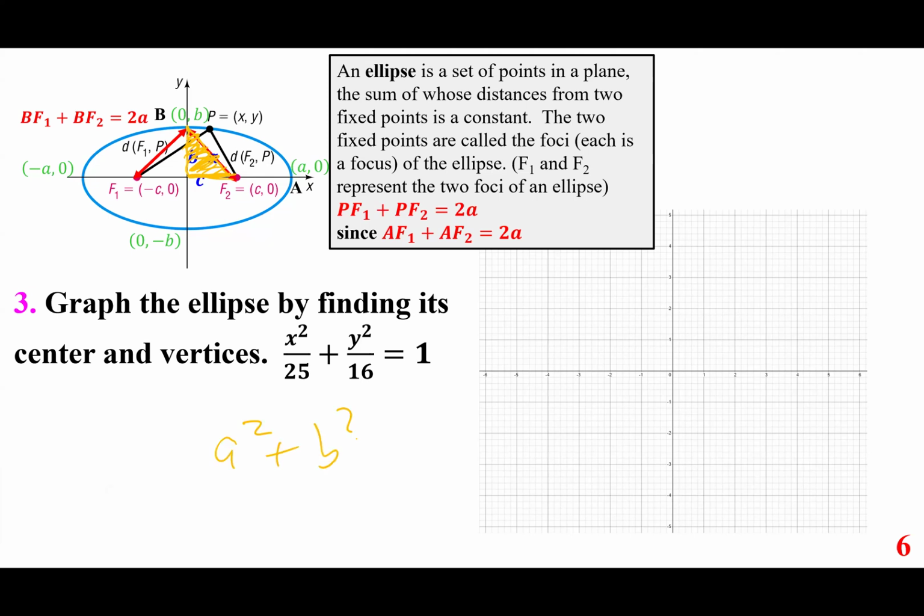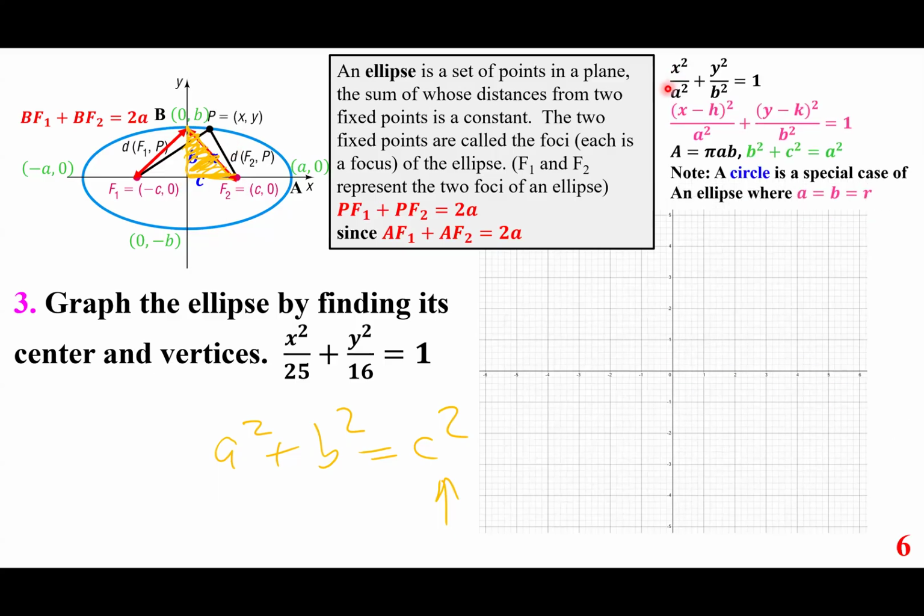In general, c is the hypotenuse normally, but this is not the case here. One of the sides is c, one of them is b, and the hypotenuse is a. Therefore, first and foremost, the equation for an ellipse centered at 0, 0 is x squared over a squared plus y squared over b squared equals 1. If it's centered at (h, k), (x minus h) squared over a squared plus (y minus k) squared over b squared equals 1.